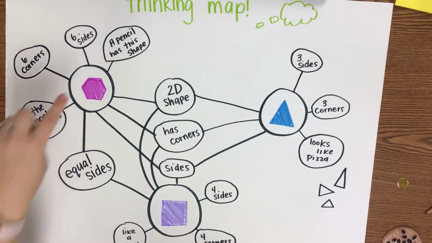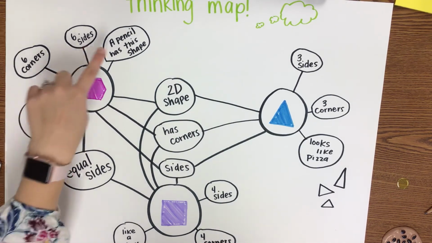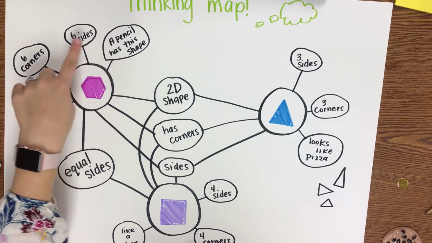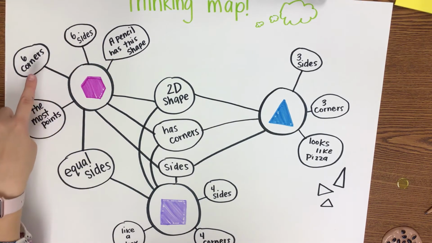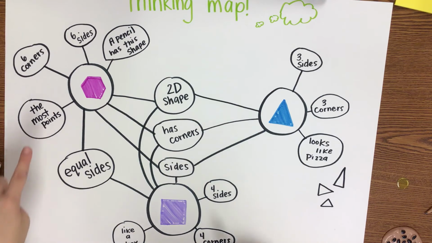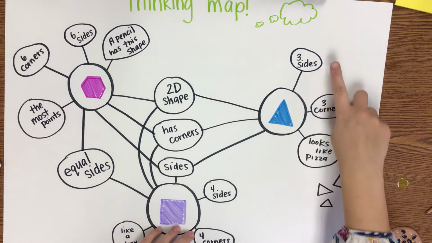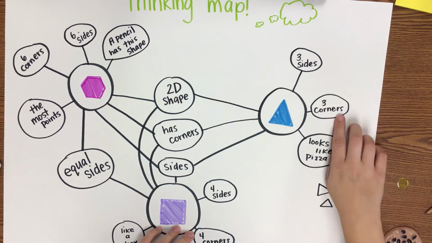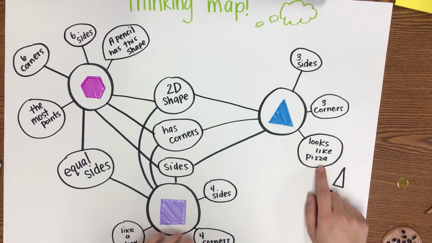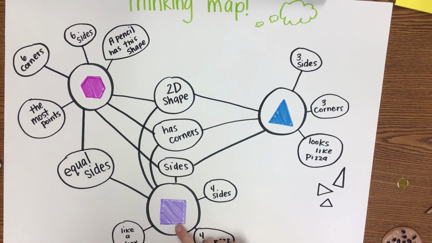So, hexagons are different because they're shaped like a pencil. They have 6 sides, 6 corners, and they have the most points. Triangles are different because they have 3 sides, 3 corners, and they look like a pizza slice. Squares are different because they have 4 sides, 4 corners, and they look like a box.